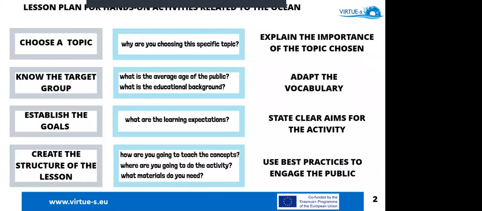Before proposing an activity, you should know, for instance, the age of the public or the educational background. This may seem obvious for school teachers because they know their students very well, but also in informal education environments, it is essential to know the public to which you are delivering the activity. In fact, you should adapt the vocabulary and also the learning tools and the level of complexity of the contents according to your public.